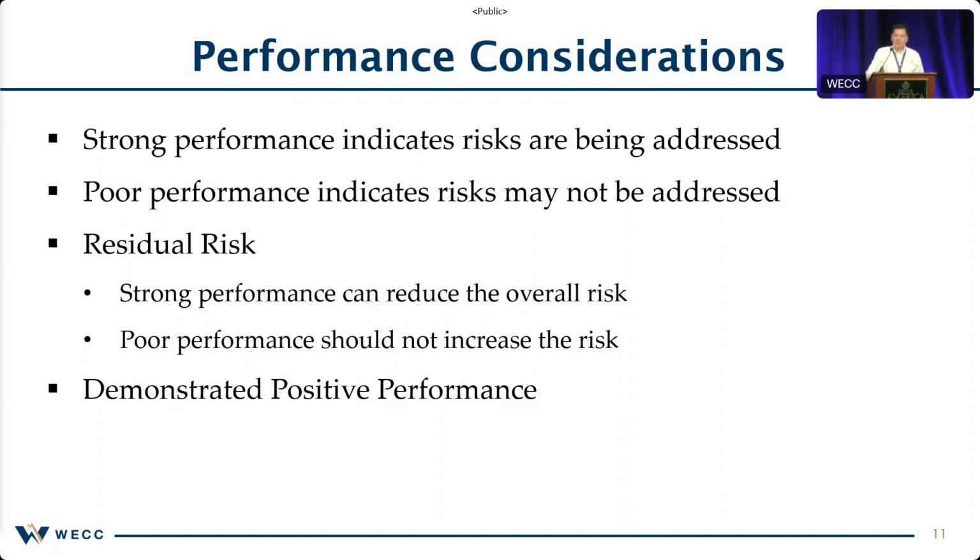But as it says on the slide, demonstrated positive performance is sort of this elusive thing, and it never was intended to be something that somebody would get a gold star for, right? It was really a way for us to use the compliance oversight plan to help inform where we actually needed to deploy resources and gain additional information about how an entity identifies and mitigates risk.